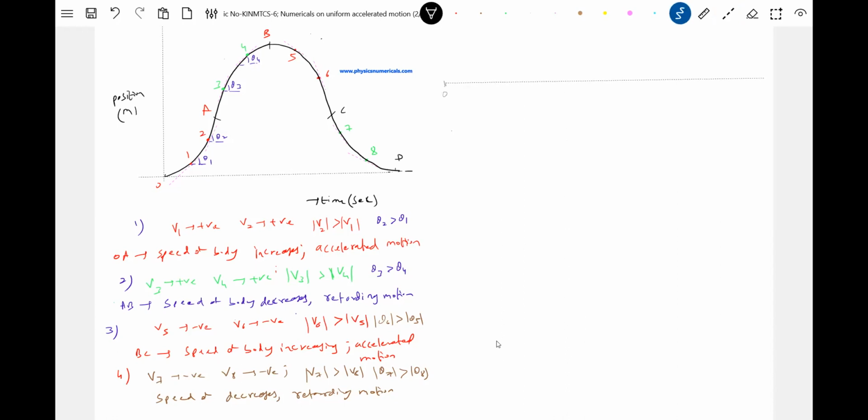This is O. This is A. This is B. C. So here the speed of the object will keep on increasing. So this is what we were showing like this, and the acceleration was like this here. You call it A dash, or AOA, acceleration.